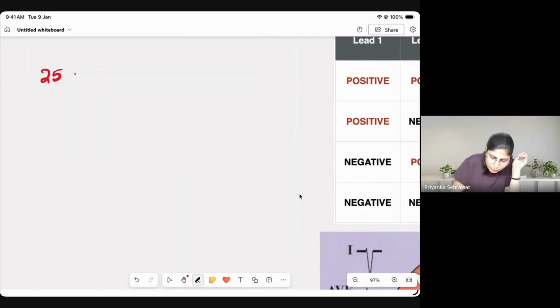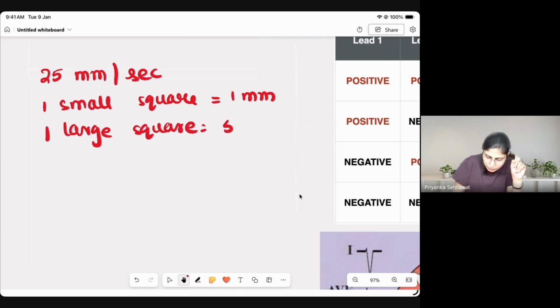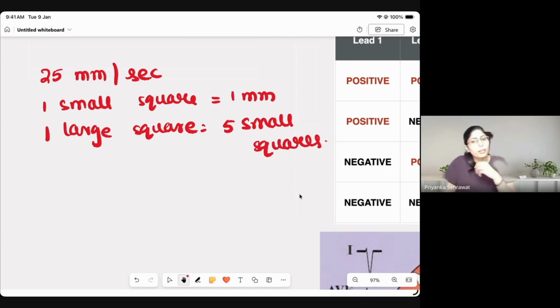If the speed of the paper is 25 millimeters per second, and one small square measures 1 millimeter, and one large square consists of 5 small squares. इतना तो हमें हमेशा याद रहेगा ना, इसके लिए we don't need revision.